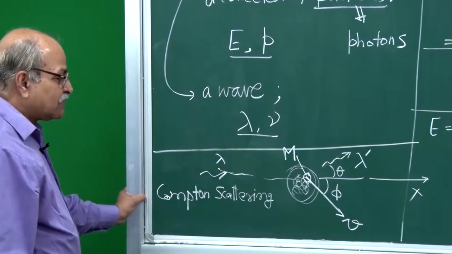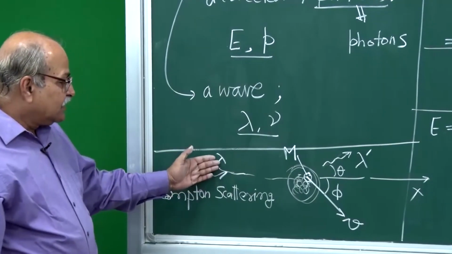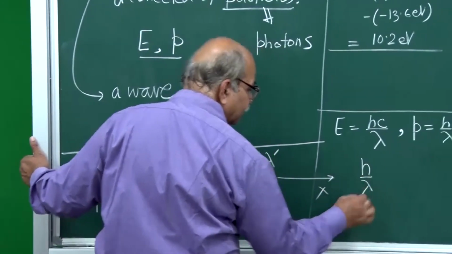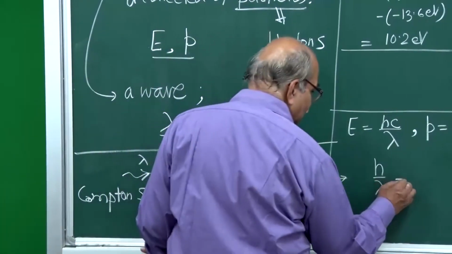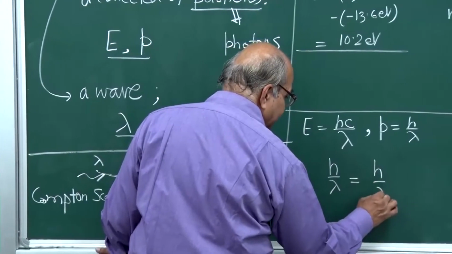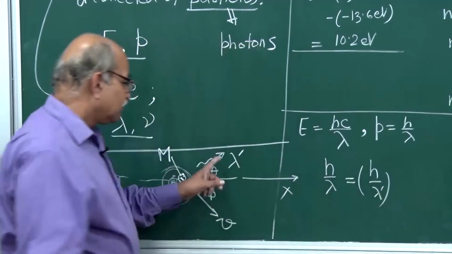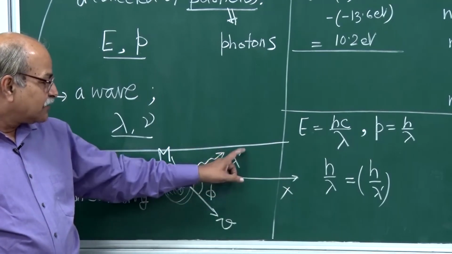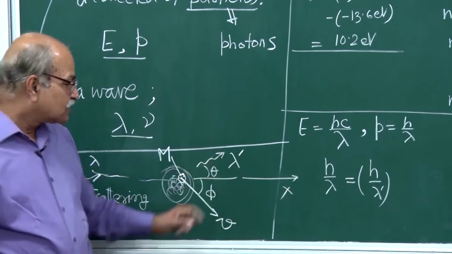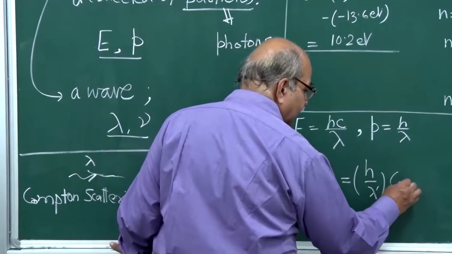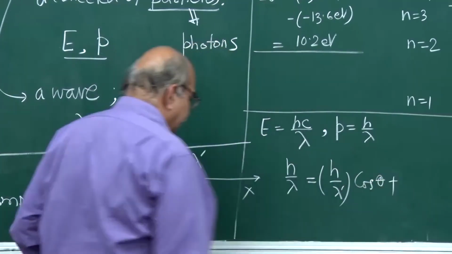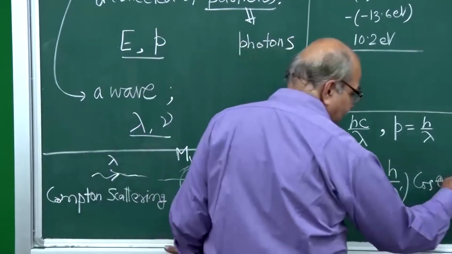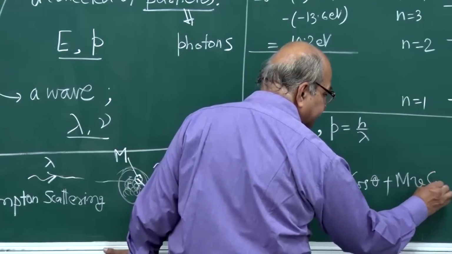The initial linear momentum is h over lambda, and this is equal to h over lambda prime, the x component of the momentum, times cos theta, plus m v cos phi.